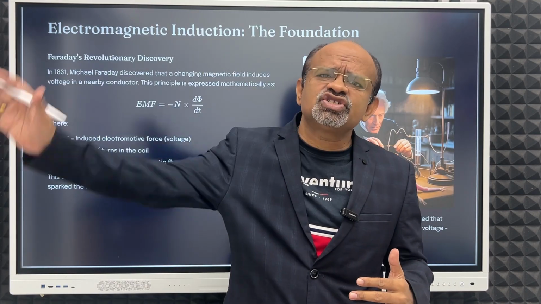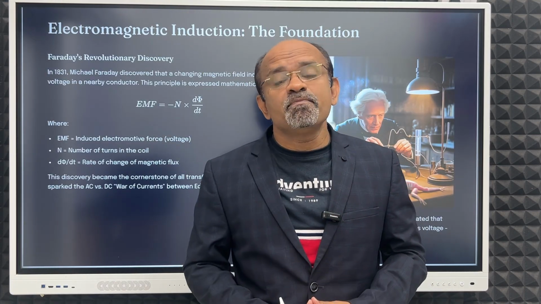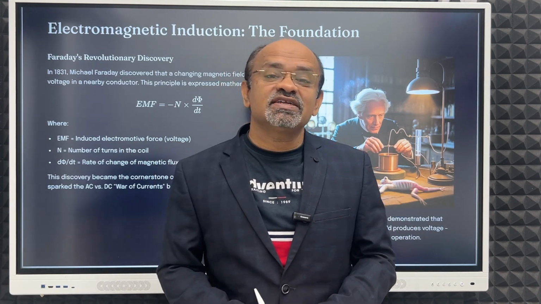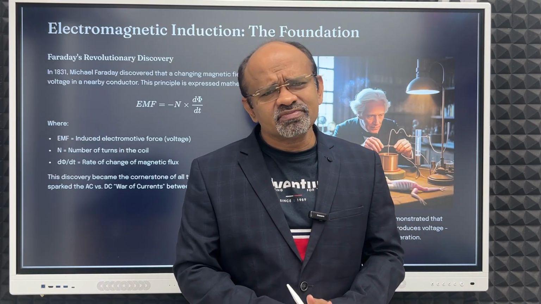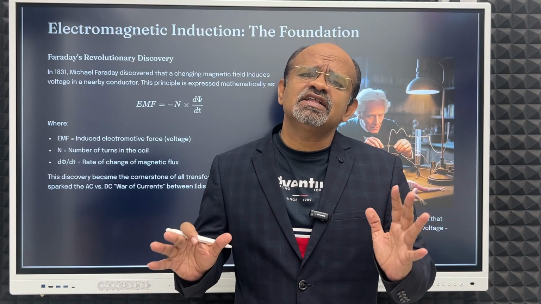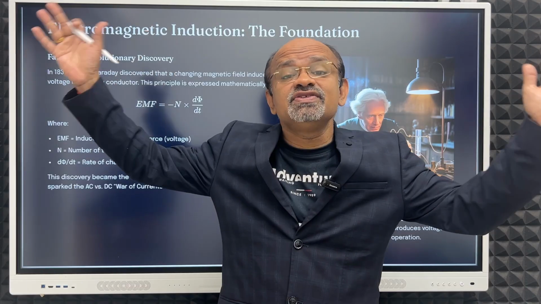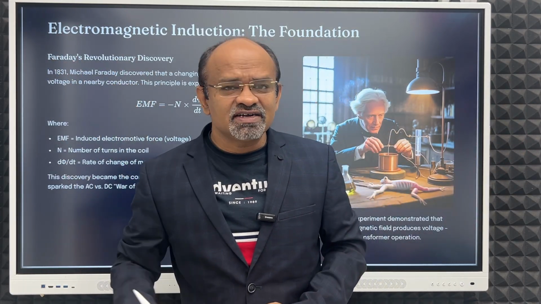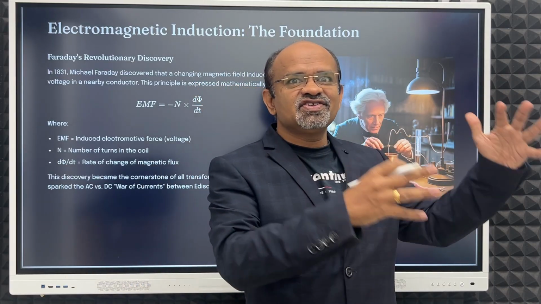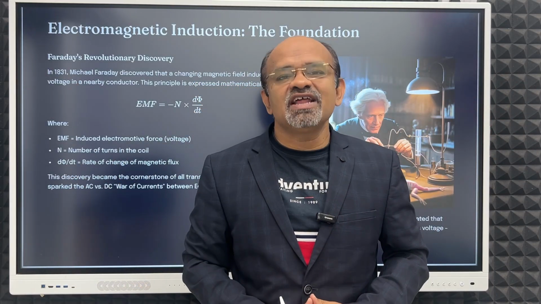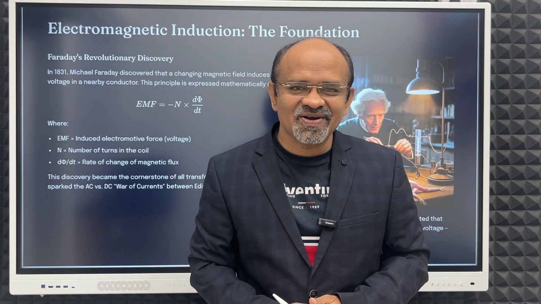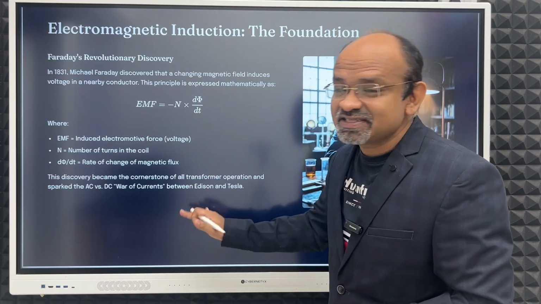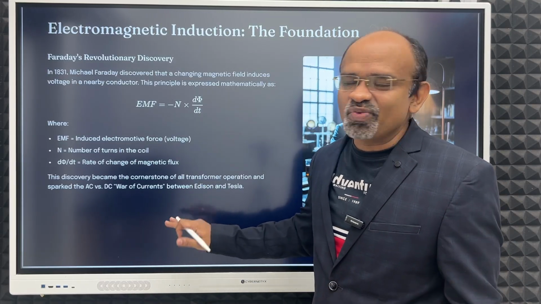Long distance transfer of power became possible because of the transformer, and that's how Nikola Tesla could win the war. Edison tried his best. He also had a big network of DC power in the cities, and Nikola Tesla also had a network of power. But these experiments were happening in cities to prove themselves to the buyers that their power is superior. But finally, Faraday's discovery helped Nikola Tesla win this war.